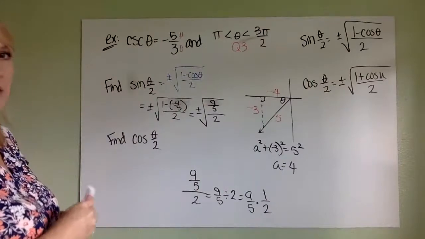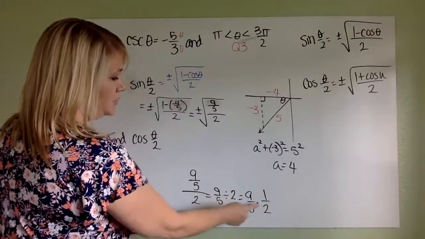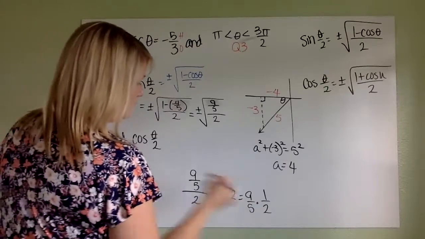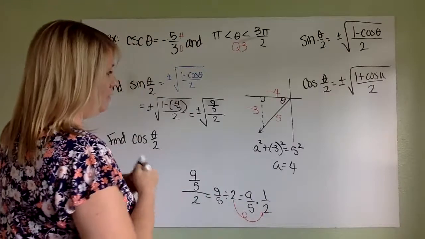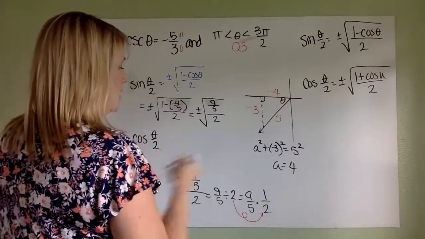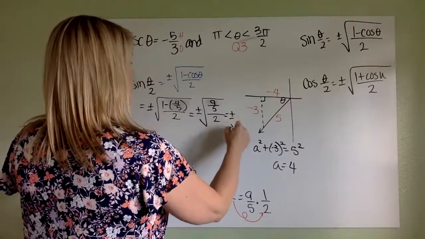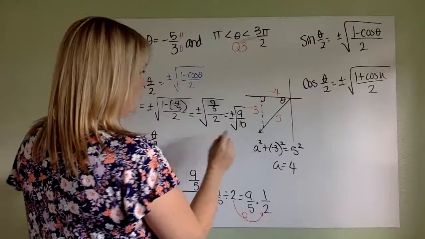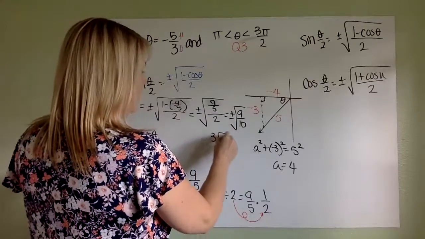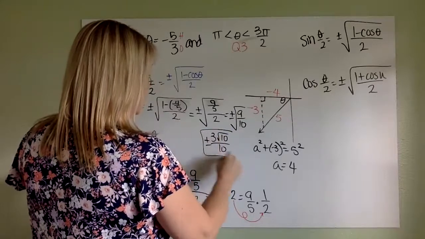Again, when you're dividing by fractions, you change that to multiplication by multiplying by the reciprocal. So flip the guy and multiply. This 2 gets flipped over to be a 1/2. And so we end up with 9/10. I can take the square root of 9. The square root of 9 is 3. And then rationalizing the denominator, the answer would look like that.